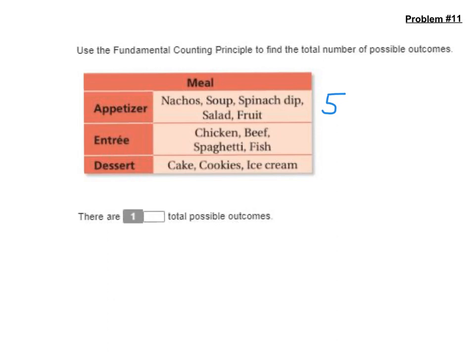For the entree, you have a choice of chicken, beef, spaghetti, or fish, so there are 4 outcomes. And for dessert, you have a choice of cake, cookies, or ice cream, so you have 3 possible outcomes. So 5 times 4 times 3 is 60 possible outcomes.